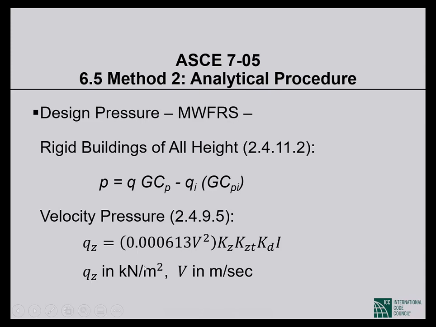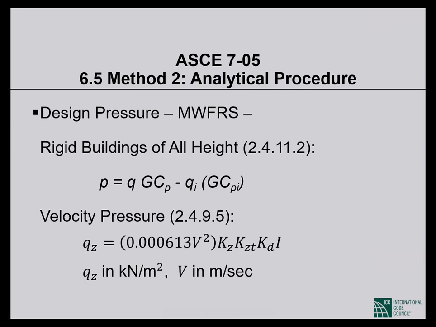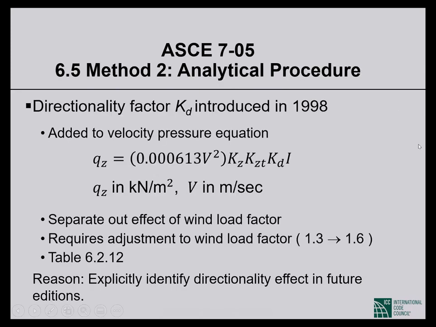The q sub z expression we have seen already: the constant, V squared, K sub Z, K sub ZT, K sub D, and I. The q sub i, the velocity pressure for internal pressure, is being described here. Most of the time you can take it as q sub h, but I will let you read it instead of trying to spend time on that.